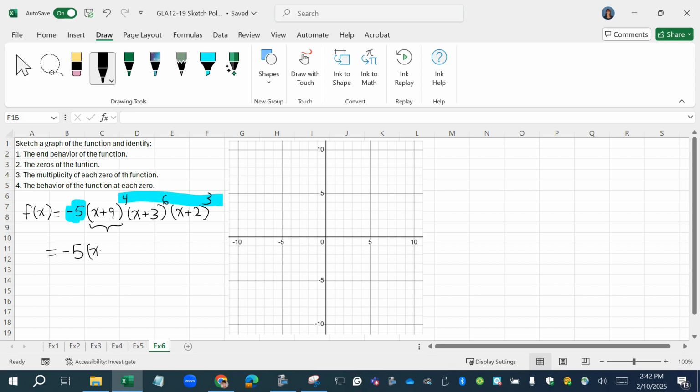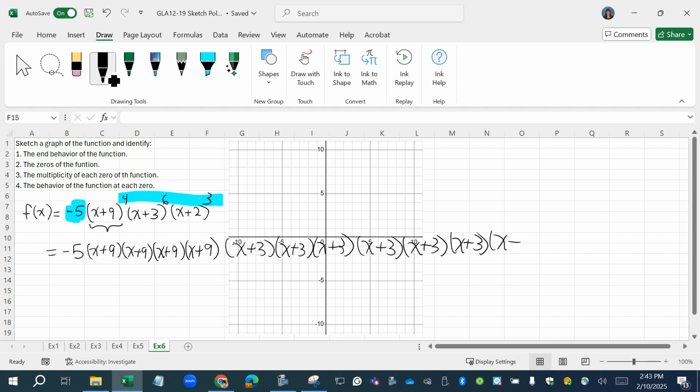I would have to expand that to x plus 9 quantity times x plus 9 quantity, 4 of those. And then the x plus 3 6 times. Oh my gosh, right? You can see how this is getting a little crazy. I'm going to have to do so much expanding, and this is just expanding it. I'm just rewriting. I'm not even doing any simplifying yet. And then the x plus 2 3 times, right? So that's a crazy looking polynomial if I've ever seen one.